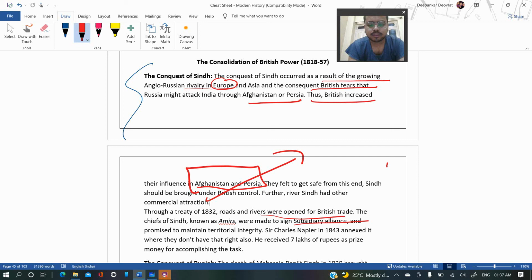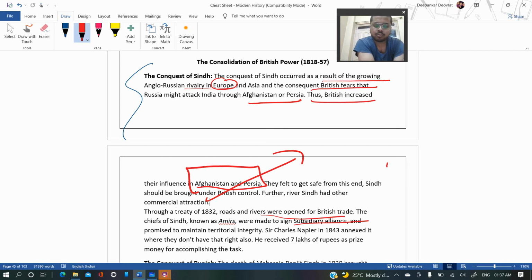Then again, there will be the war with Afghanistan. In the second war of Afghanistan, I guess, the British will come again and have a treaty with the king, in which they will not be able to have any foreign relations except with the British, and in return, the British will not interfere with their internal affairs.